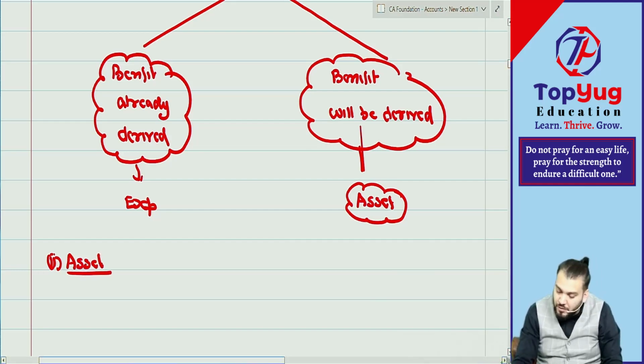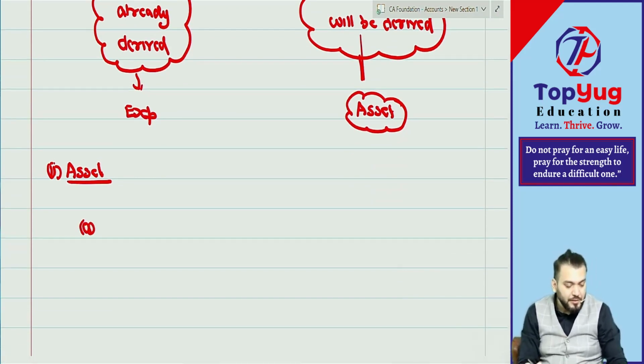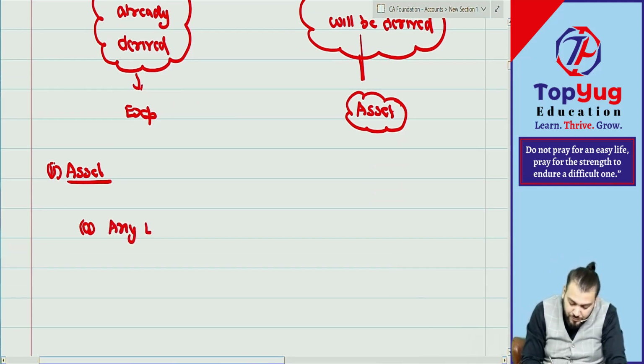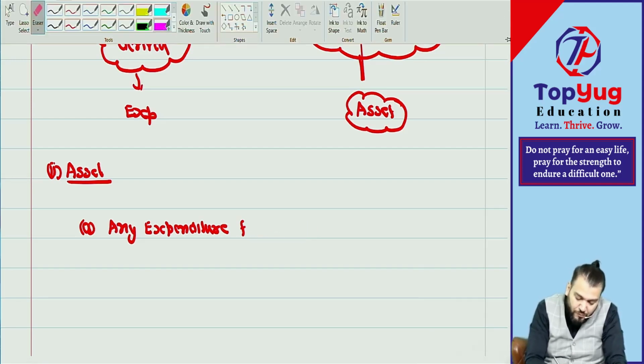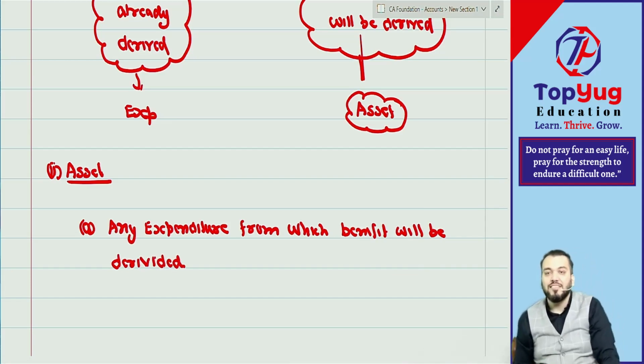Now asset will be defined in two ways. Point number A. Can I say, any expenditure from which benefit will be derived is an asset.